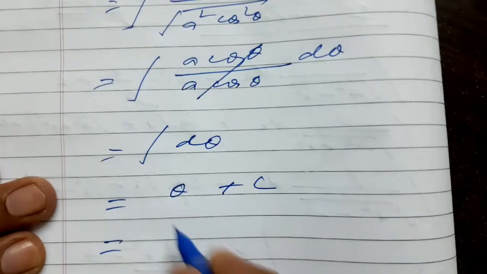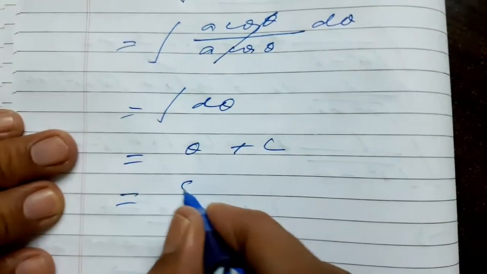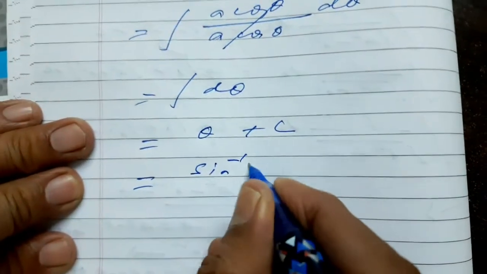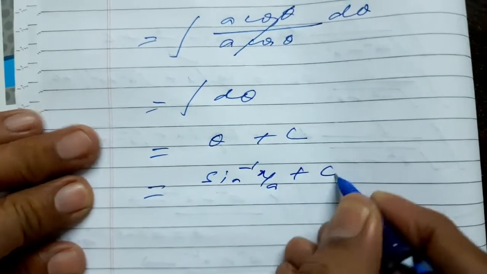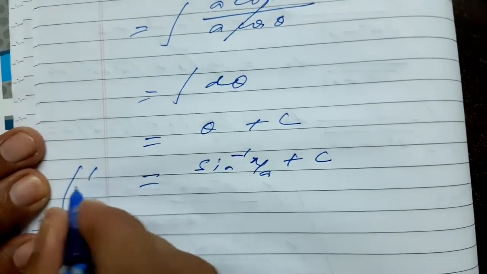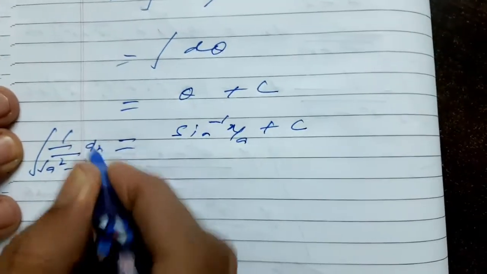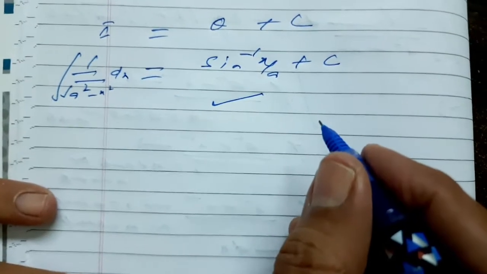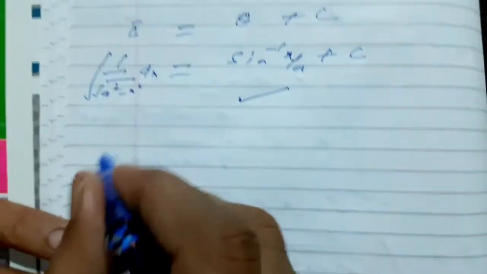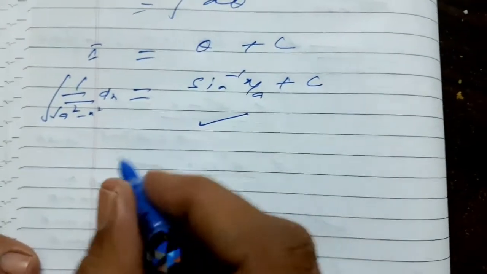And from the assumption, theta is sin inverse x by a. So finally we got the result: if the integral of 1 upon root under a square minus x square is I, then the answer is sin inverse x by a plus c. Now, in the same manner, we can prove result number 2.